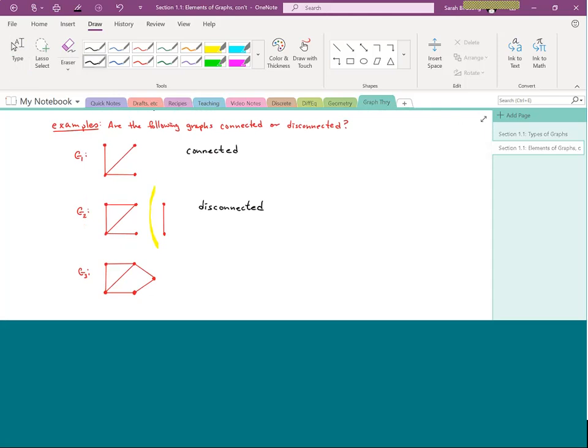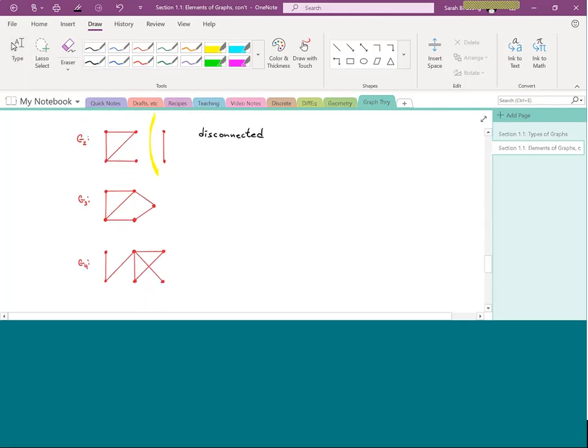Notice I was able to put a slash or a line through the graph and separate the vertices and the edges of the graph into 2 different places where there's no edges that cross that highlighted line. That right there, in terms of a visual picture, is a way to show that it's disconnected. Now, that being said, we've identified that the first 2 graphs, one's connected and one's disconnected.